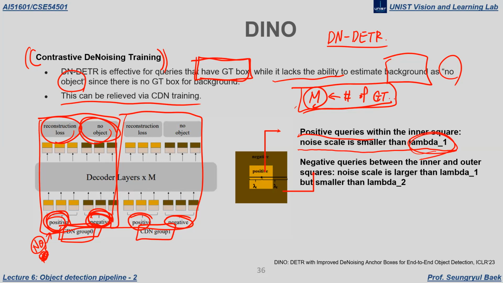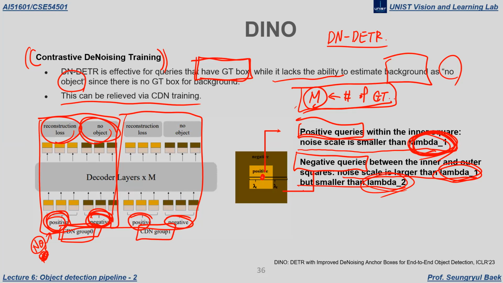These positive queries have similar values to the ground truth because we constrain the amount of noise to less than lambda 1, so they are still close to the ground truth. For negative queries, we apply noise larger than lambda 1 but smaller than lambda 2. This lambda 1, lambda 2 will be heuristically set later.